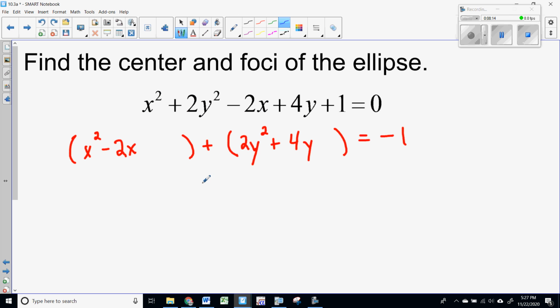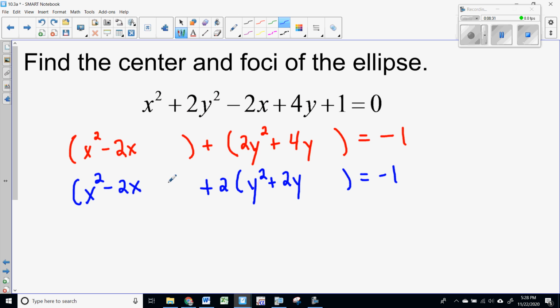Now, before we can complete the square, you see on the y's here, we're going to have to factor out the 2. So if I factor out the 2, I get this. Because in order to complete the square, I can only have a 1 in front of the y or the x. So here, half the middle term squared is plus 1.